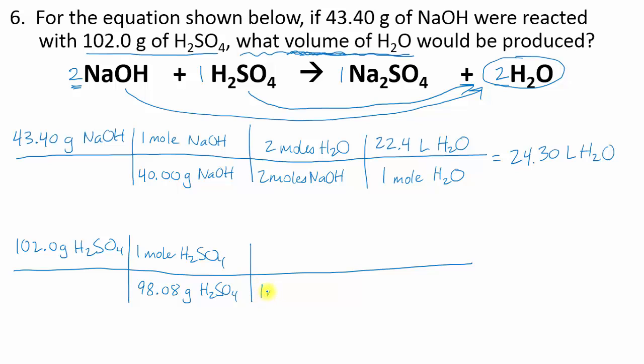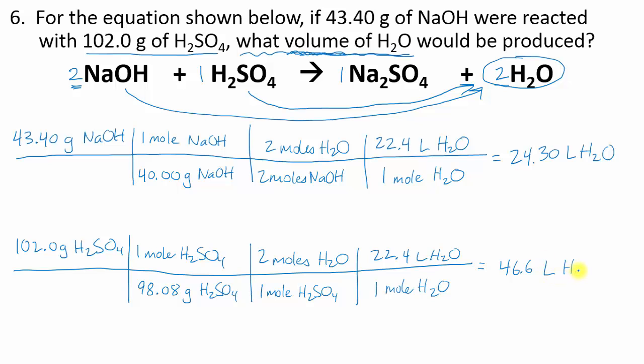In our equation, 1 mole of H2SO4 will form 2 moles of water. So this is a 2-to-1 ratio. And then, again, lastly, we want to get this to liters, so we need to remember that 1 mole of water is 22.4 liters of water. Okay, steam as a gas. And if I punch all this into my calculator, again, I'll get an answer. Now, in terms of my final answer here, it's going to come out around 46.6 liters of water, of steam.